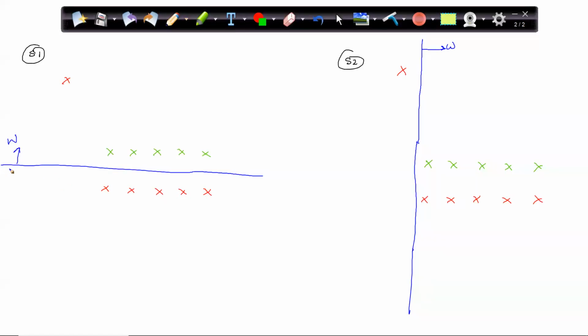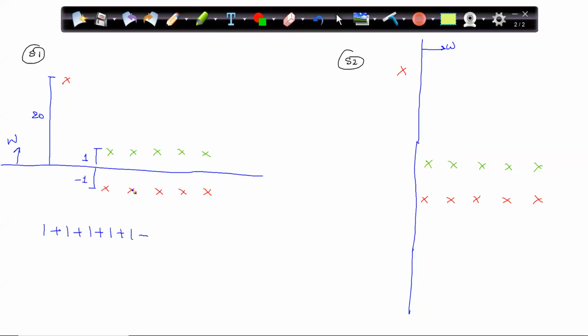Because here you can see that W is in this direction, that means any point in this direction is positive. Positive and positive is positive. Let's say this distance is 1 and this distance is -1. And let's say this distance is plus 20 because you are very far from the plane. So if I do the calculation, W transpose xi into y, it will be +1, +1, +1, +1, +1.